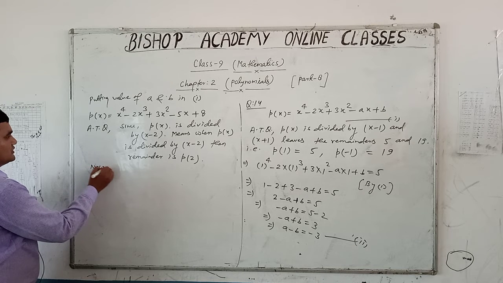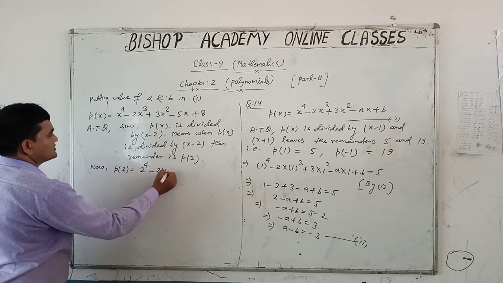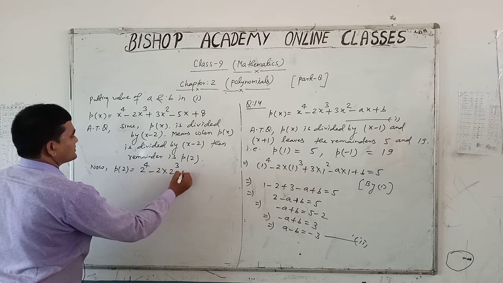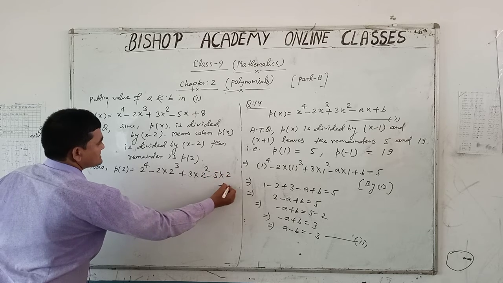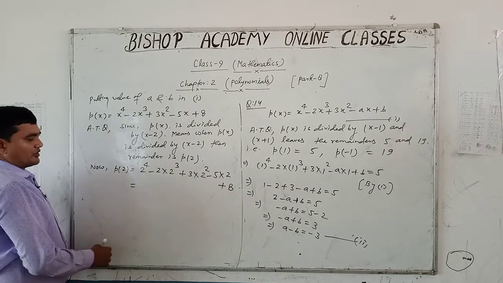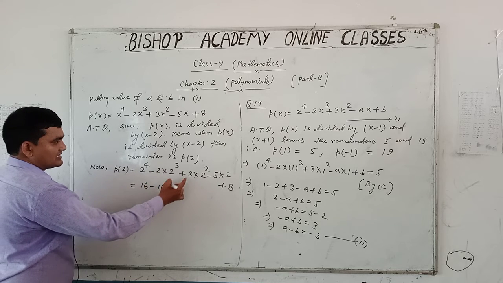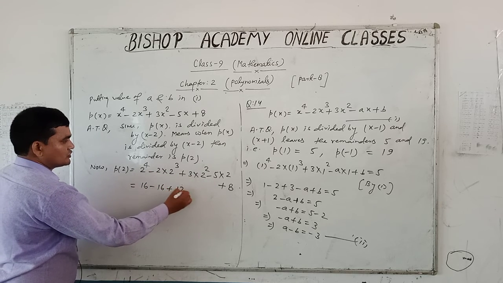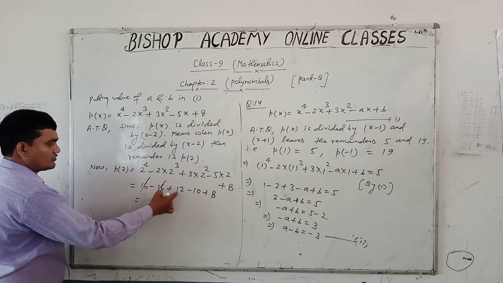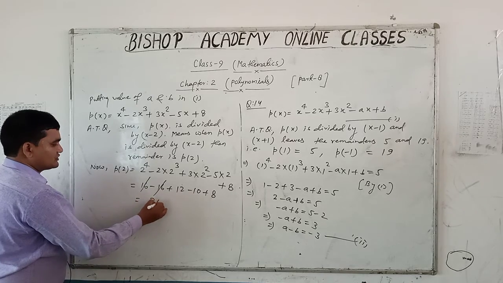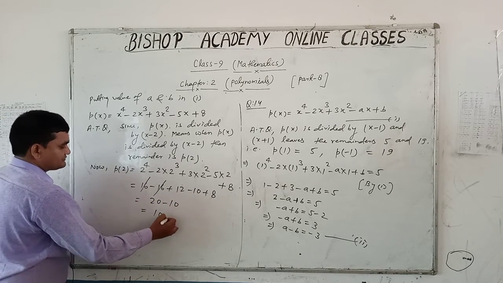Now p2 is equal to 2 raised to the power 4 minus 2 into 2 raised to the power 3 plus 3 into 2 square minus 5 into 2 plus 8. 2 raised to the power 4 then 16 minus 16 plus 3 into 4 जा 12 minus 10 plus 8. 16 cancel out, 12 और 8 ऐड करेंगे 20 minus 10 this is equal to 10.